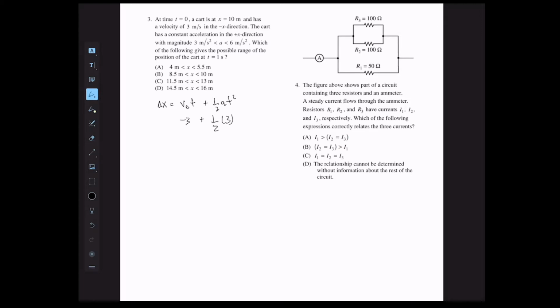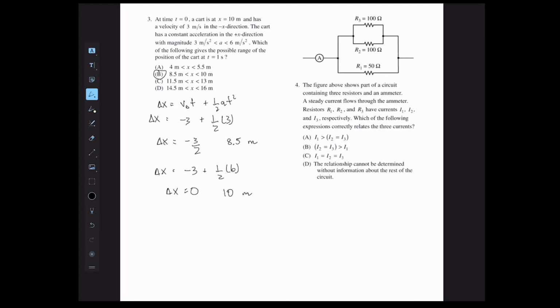So let's do 3. So one possible value of delta x when acceleration is 3 is -3 plus 1.5, that's -3/2. And then 10 minus 3/2 is 8.5. And then another possible value is with 6, where 1/2 times 6 is 3, so delta x equals 0. So it's just 10. So B.